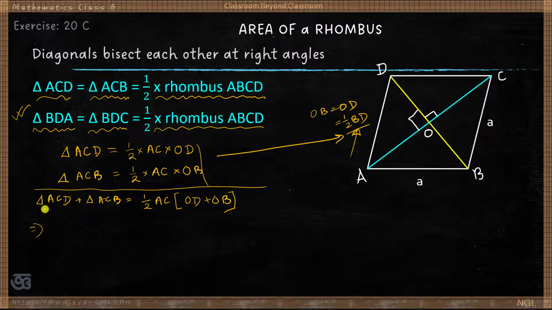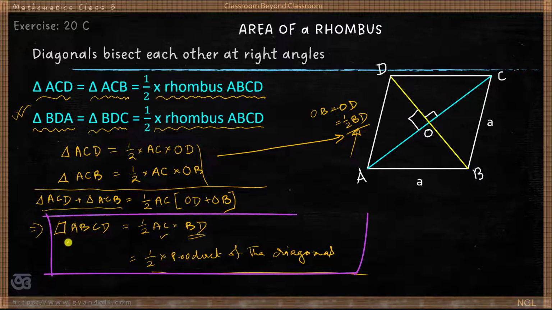And area of these two triangles is area of the rhombus ABCD and that is equal to half of AC multiplied by BD. Now you see AC is one of the diagonals of the rhombus and BD is another diagonal. So area of the rhombus ABCD is equal to half of product of the diagonals. The diagonals are AC and BD.